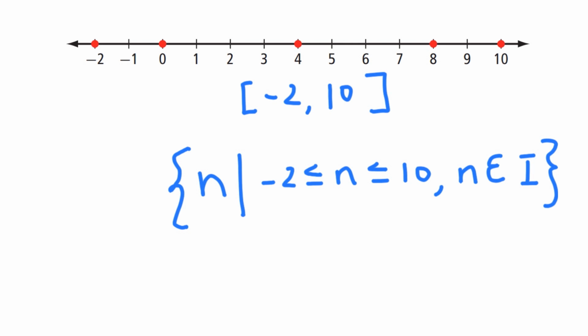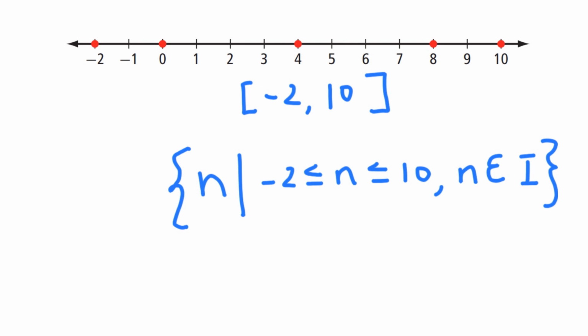But where things change is before we would say x or y are all real numbers, and we would put an R for real numbers. But if you notice in this number line, we just have a bunch of dots. We don't have a straight line like in some of the other examples. So we don't actually include all the real numbers. What we have are specific integers.